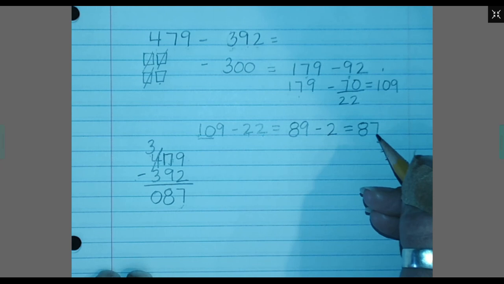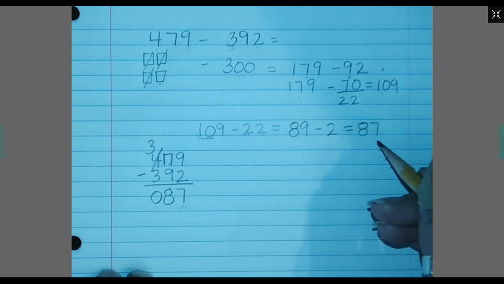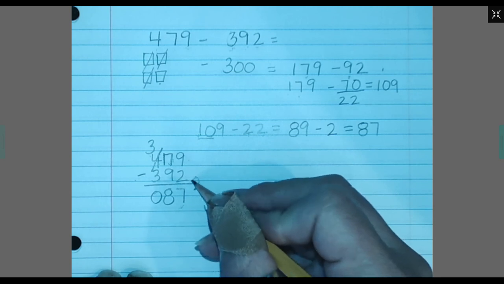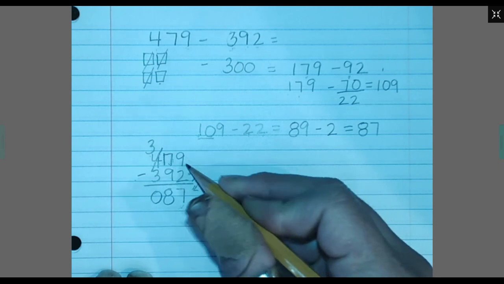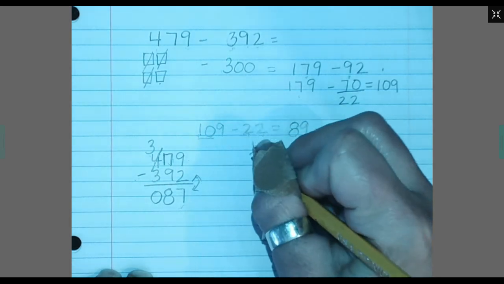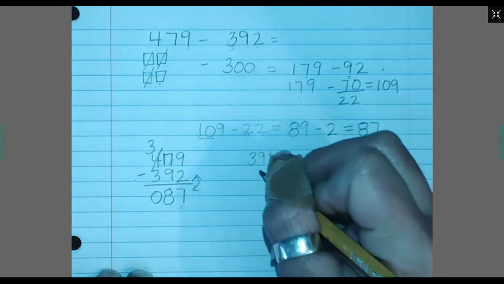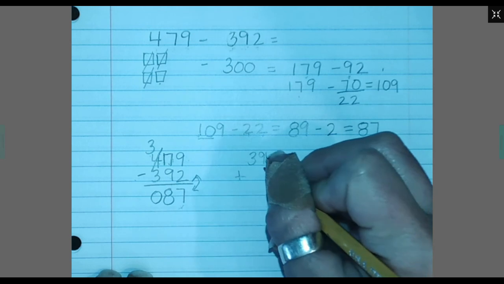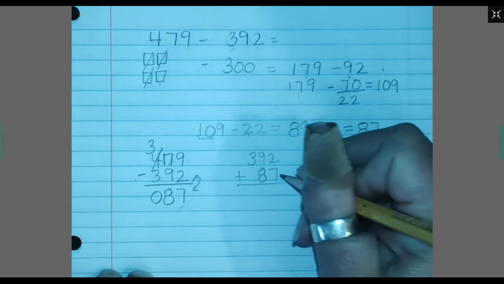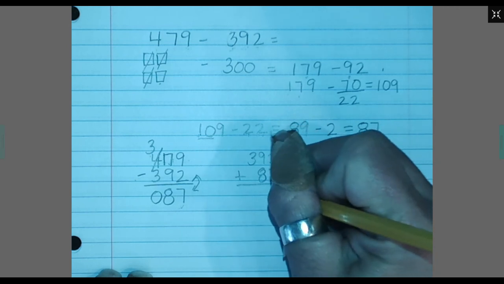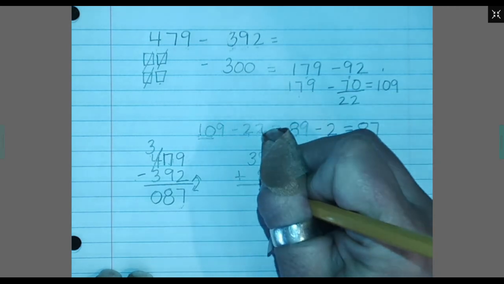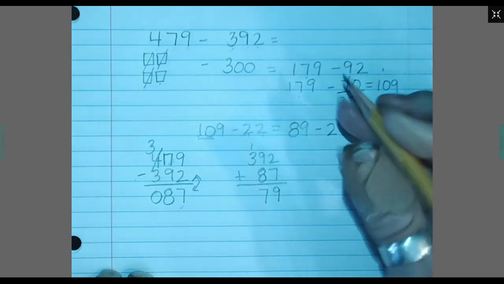Now, how can I check my work? You say addition, you got it. So if I add these two numbers together to check my work to see if I got what I started with, 392 plus 87. 7 plus 2 is 9. 9 plus 8 is 17.